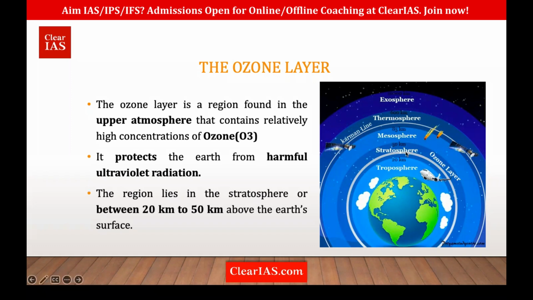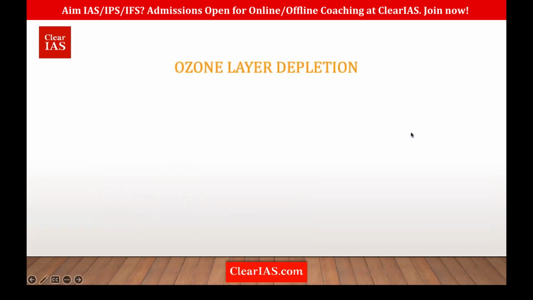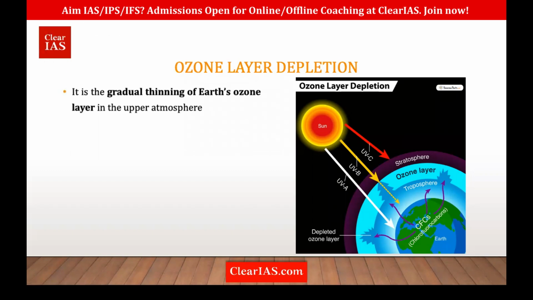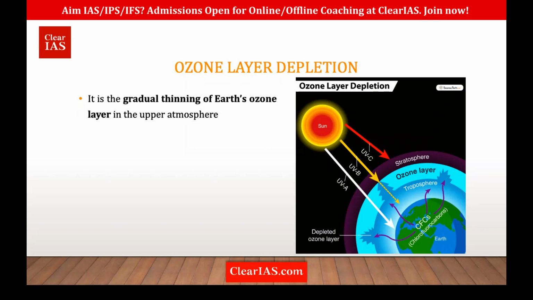So what is happening now? What is the problem? This ozone layer is depleting. What will happen if this ozone layer is depleted? This harmful UV radiation would reach the surface of the Earth, right? So how is this ozone layer depletion happening?